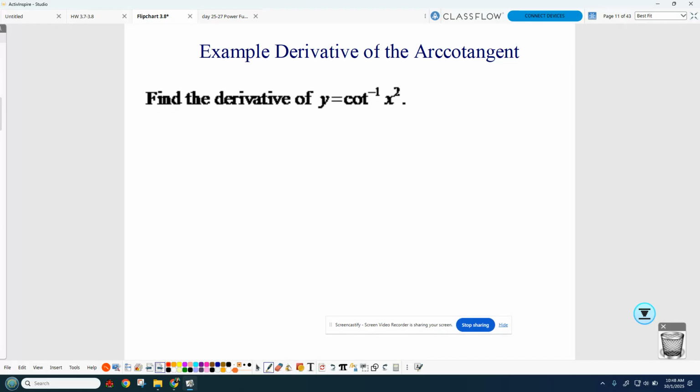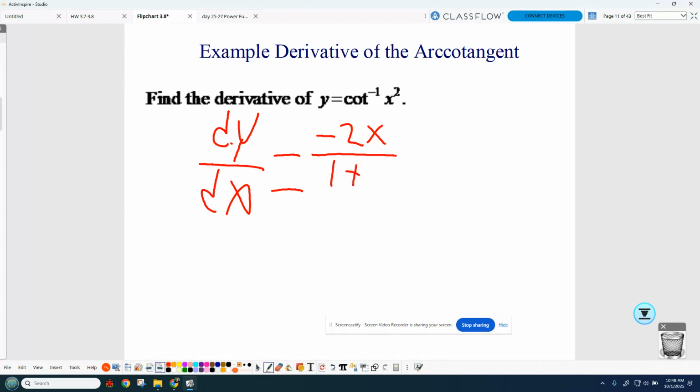Constantine, feel free. Okay, 1 over 1 plus stuff squared, so stuff is x squared, squared is x to the 4th, times the derivative of stuff, which is 2x, and then it was cotangent, so the negative's there. Good? Okay.